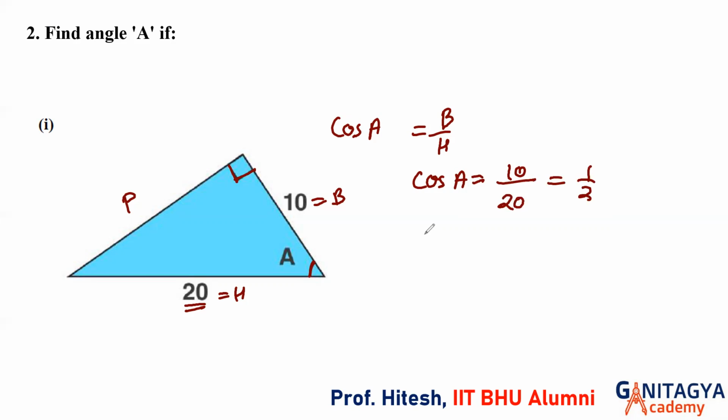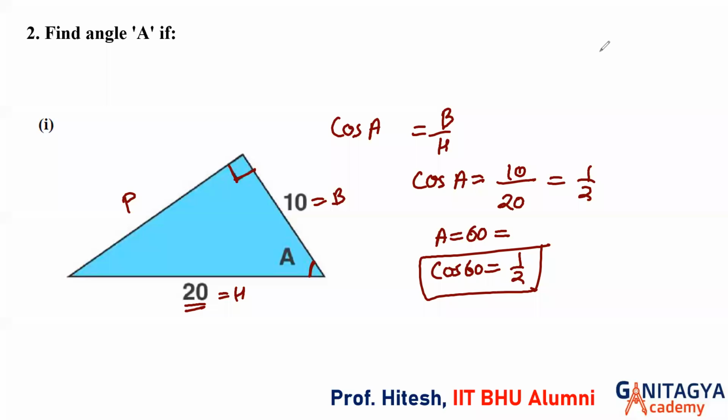Now you know cos 60 is 1/2, so A will be 60 degree. Write it down. Completed? Let me know when done.